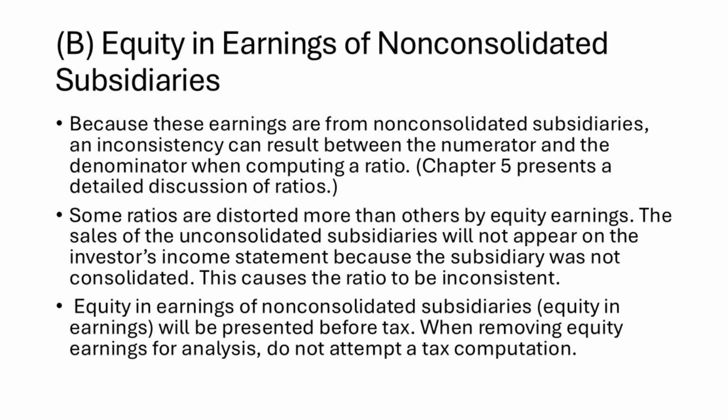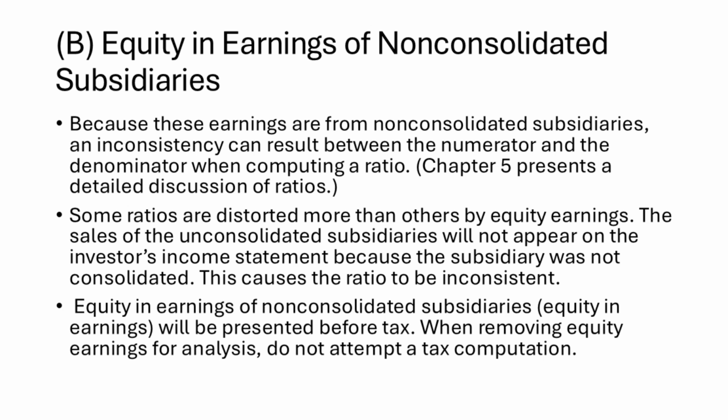Some ratios are distorted more than others by equity earnings. For example, the ratio that relates income to sales can be distorted because of the equity earnings. The numerator of the ratio includes the earnings of the operating company and the equity earnings of the non-consolidated subsidiaries.